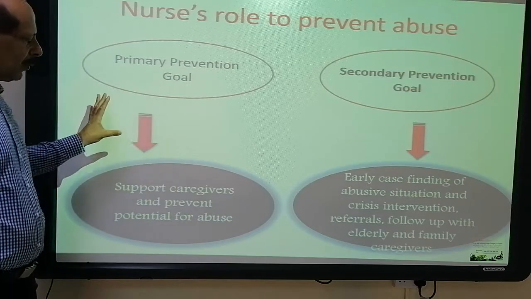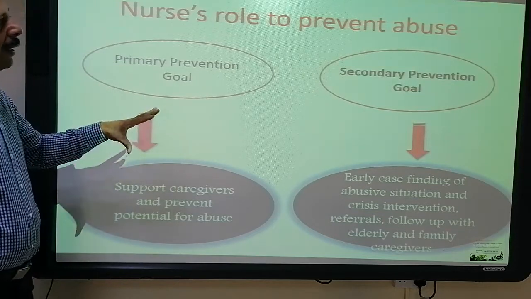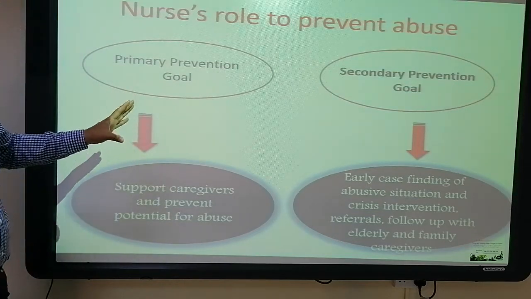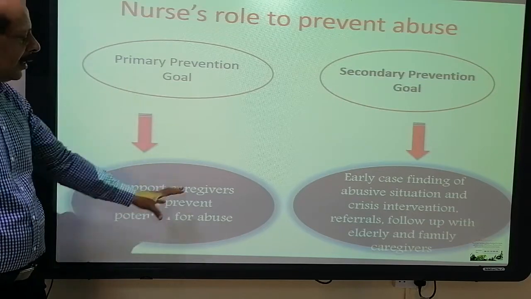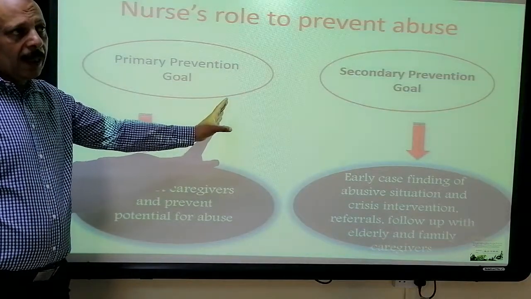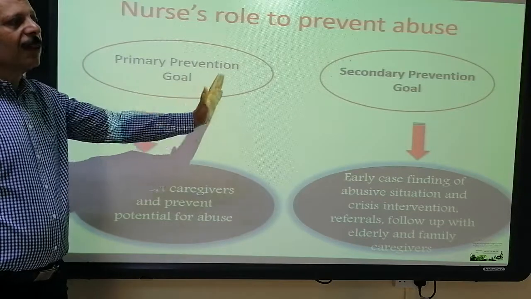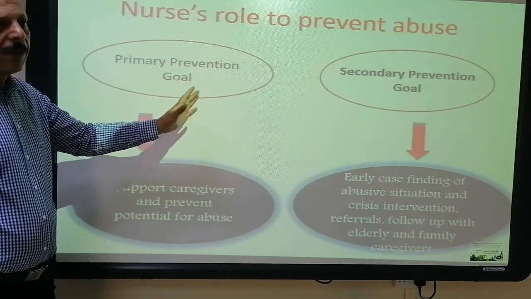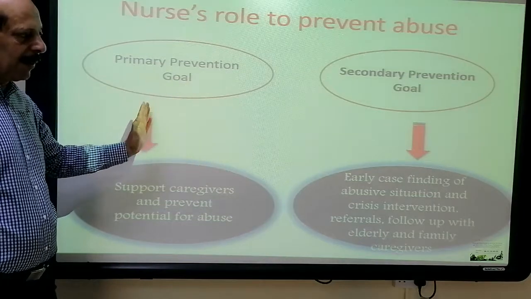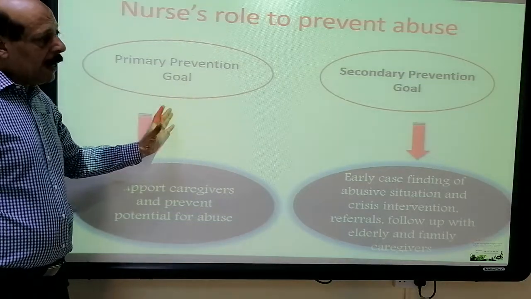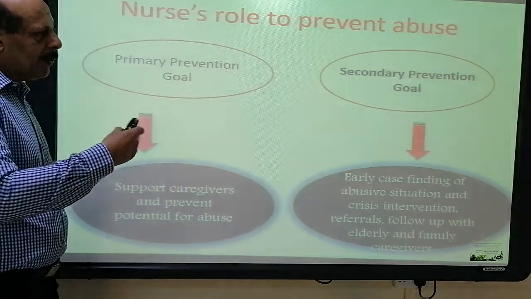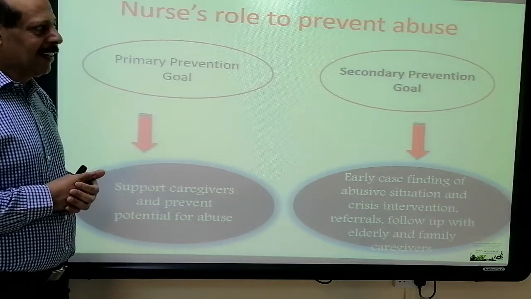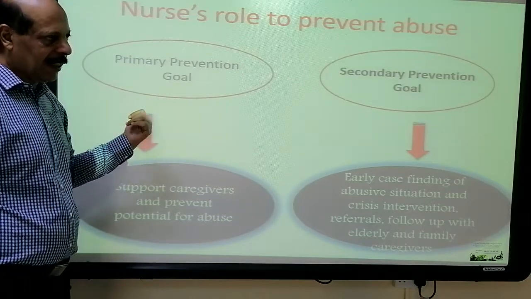So the role in prevention: the primary is to support the caregiver when he is taking care of their older family member. By that support, it will help him to sustain the care for that client.